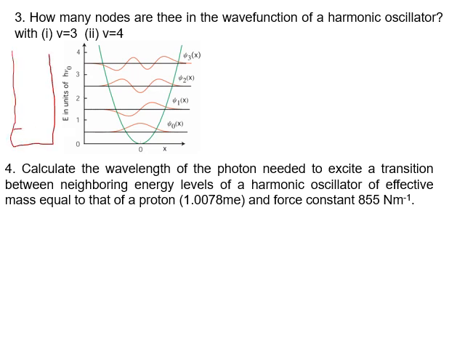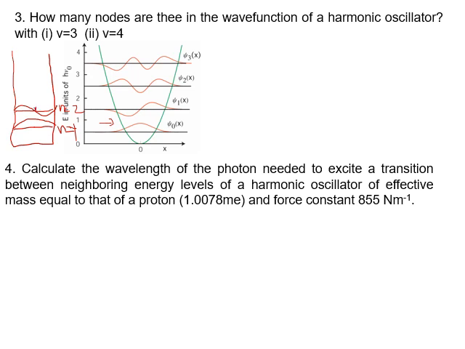So the first energy level, n equals 1, is a half wave, similar to this one. And then the second one, n equals 2, you have one wave. So in this case, the first one has no nodes, and the second one has one node.